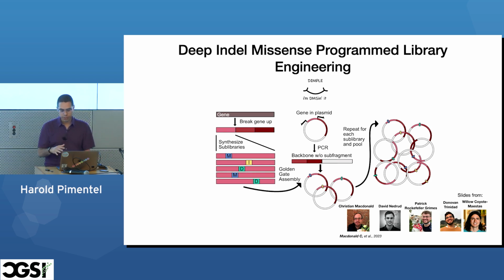The way that Willow's group does it, Willow's one of our main collaborators, they developed this technology called DIMPLE. Basically, it allows you to order a bunch of specific small oligos and then do some Golden Gate cloning or Golden Gate assembly to create a library where every single variant, including insertions and deletions, is represented in that library.